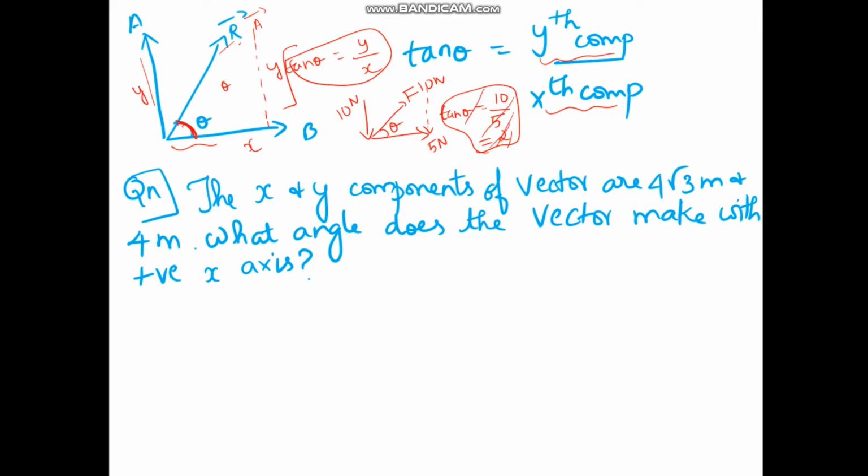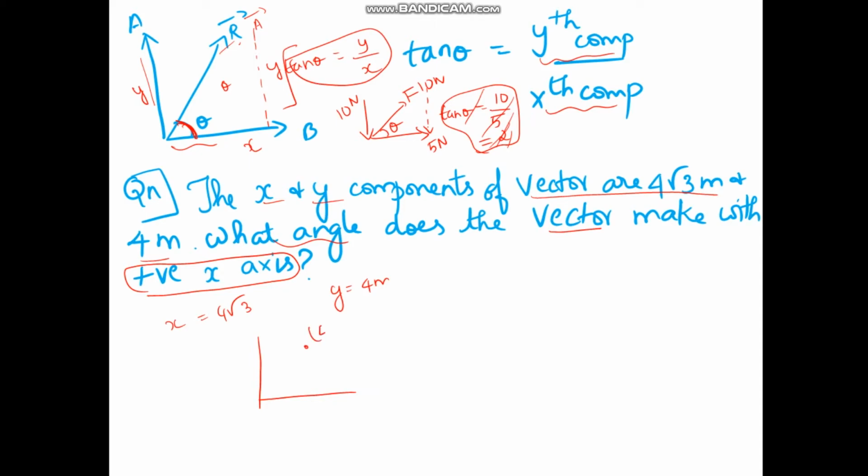Now let us see this question. The x and y components of a vector are 4 root 3 and 4 meter. The x component is 4 root 3 and the y component is 4 meter. What angle does the vector make with the positive x-axis, they are asking. First I am representing it in a graph.